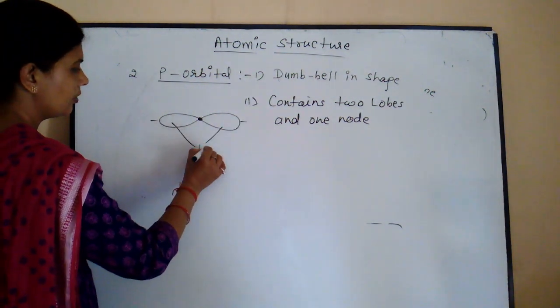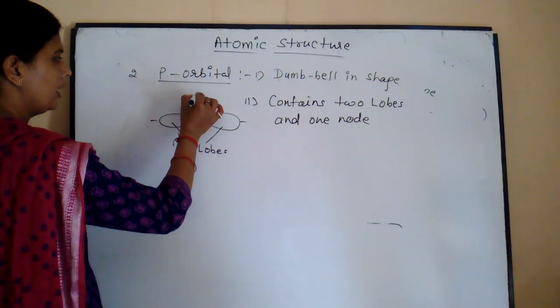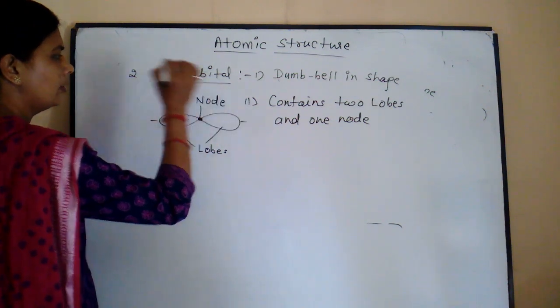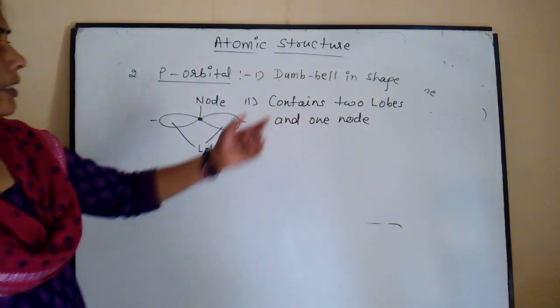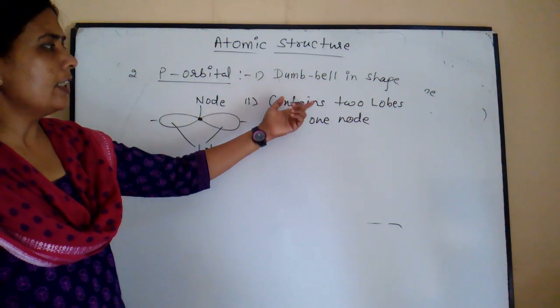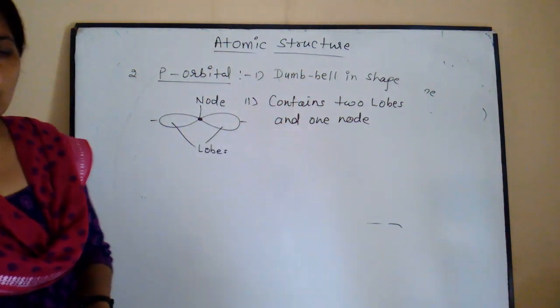These are known as lobes, and the center is known as node. So p orbitals having dumbbell shape contain the 2 lobes and the 1 node.